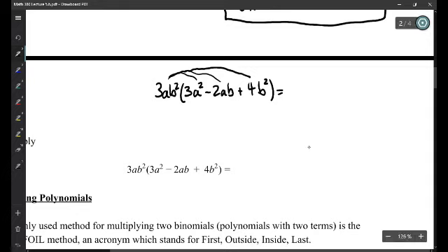Then we have 3ab squared times 3a squared. And the operation's minus, so we can write the minus first and then the 3ab squared times the 2ab.